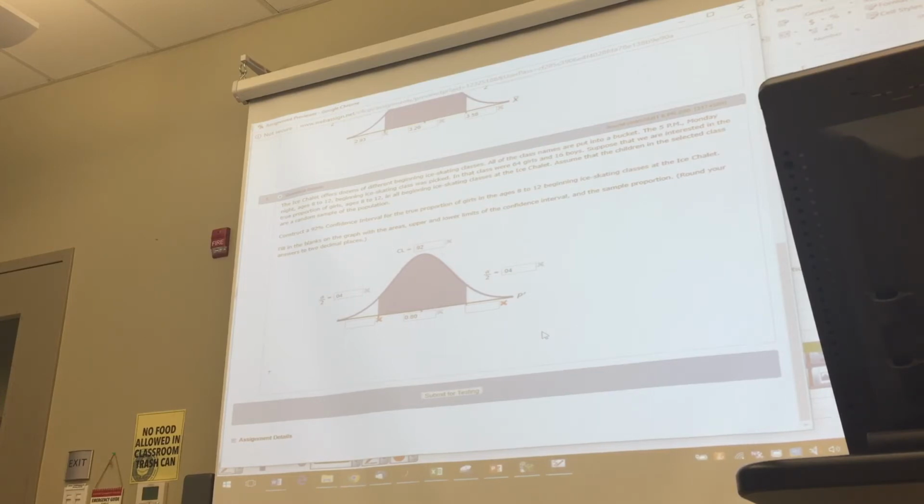Most standard errors involve a square root, and it has a denominator of n. But what we get here is p prime times q prime.